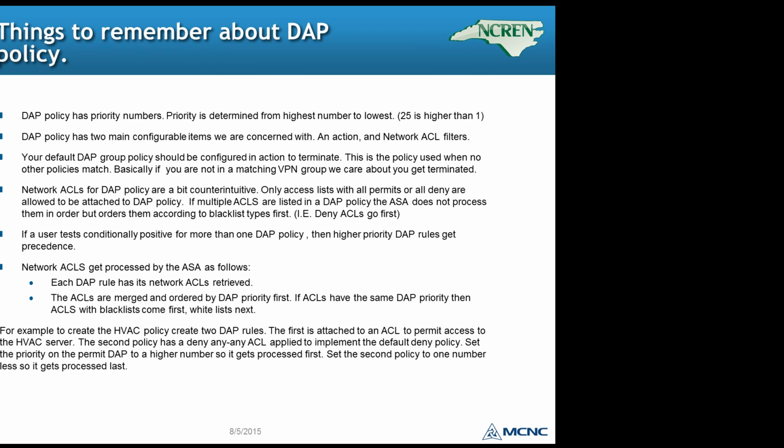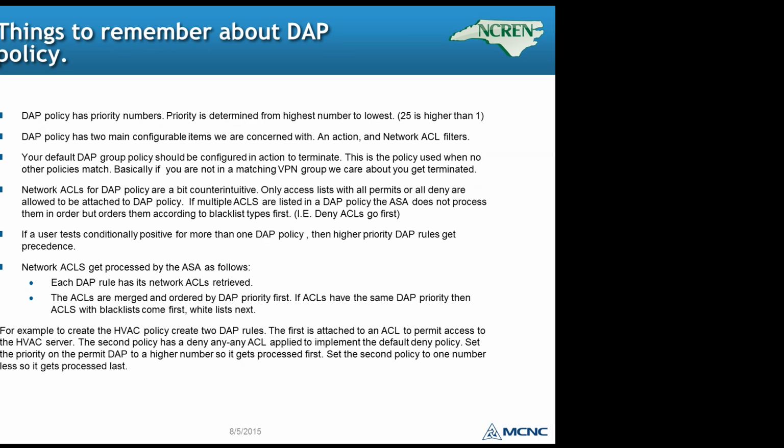And just as an exercise here, I put together how these ACLs are going to get processed by the ASA from these DAP policies. Each DAP rule has its network ACLs retrieved, so if you have one or more ACLs in a DAP policy, the first thing the ASA is going to do is get those access lists.